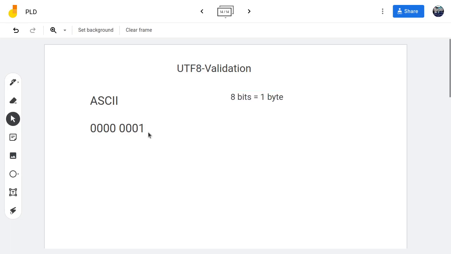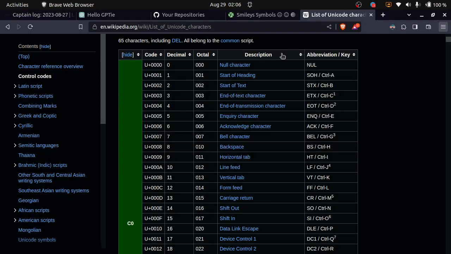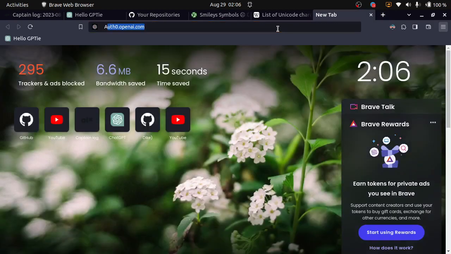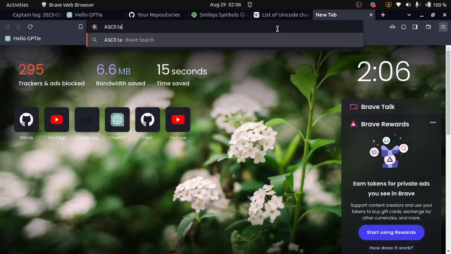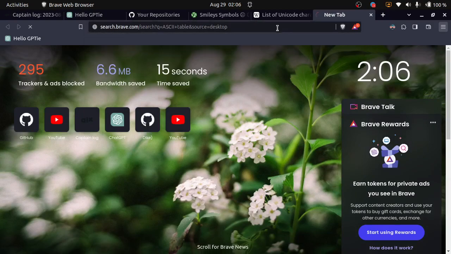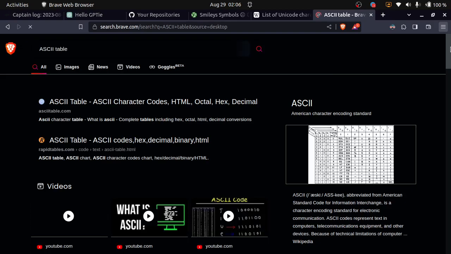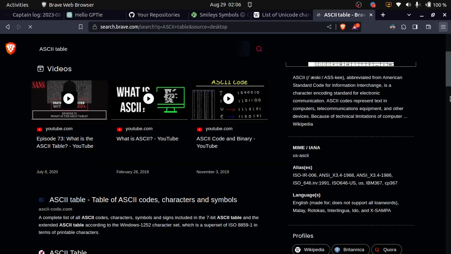So now, if you check, do I have an ASCII table here? Let me do this. I'm going to pick one at random here.